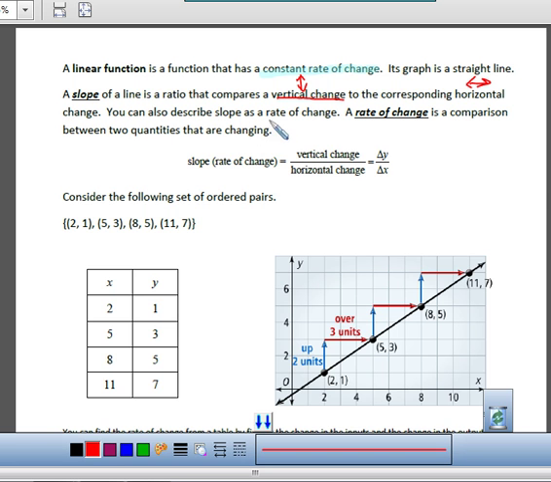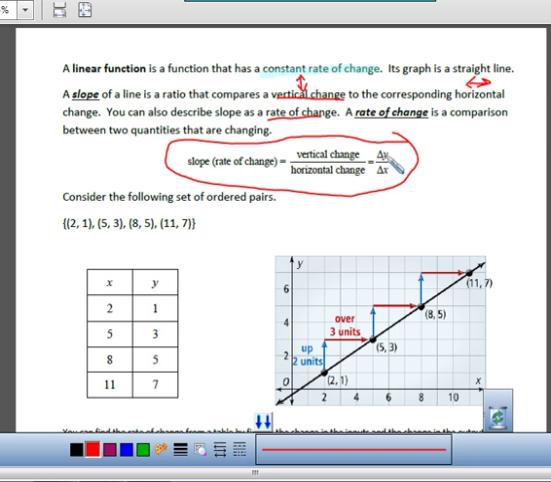You can also describe slope as rate of change. A rate of change is a comparison between two quantities that are changing. So here is that big idea. Slope, or the rate of change, is equal to vertical change over horizontal change, which equals, now you see this little triangle symbol, that's a Greek letter, delta.